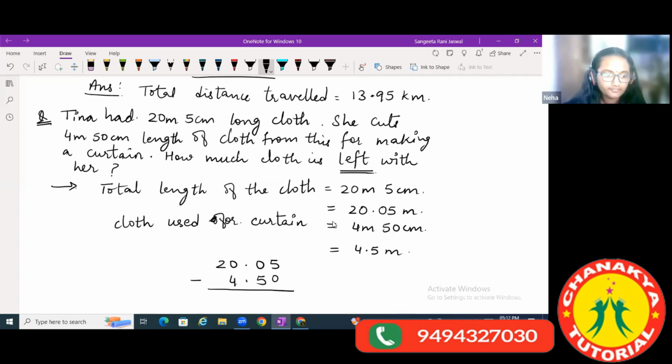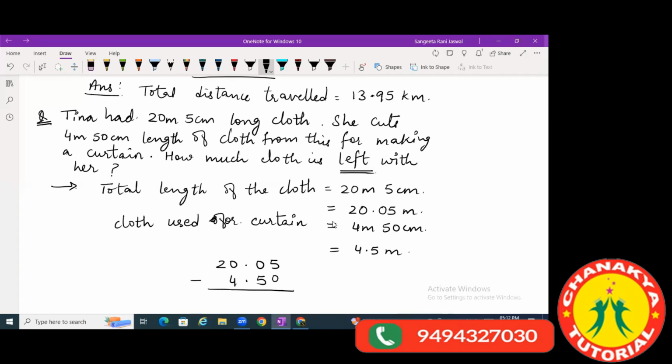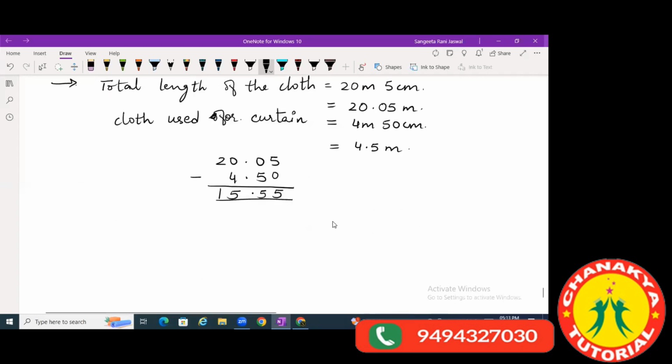Please do it. We do it normally as we do subtraction. We have 0 here, so we will borrow from here. This becomes 10, then it's 5 here. Now 9 is left here. So 9 minus 4 is 5, and you have 1 left here. So that's 15.55.